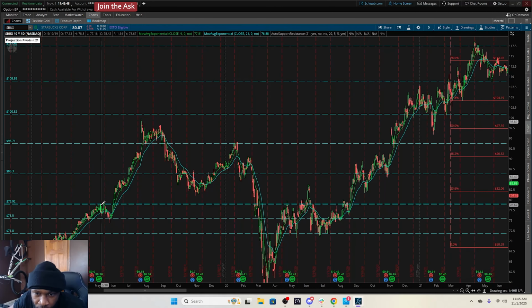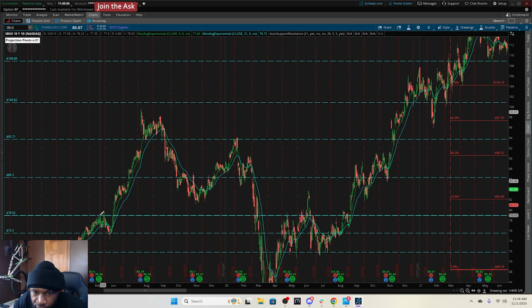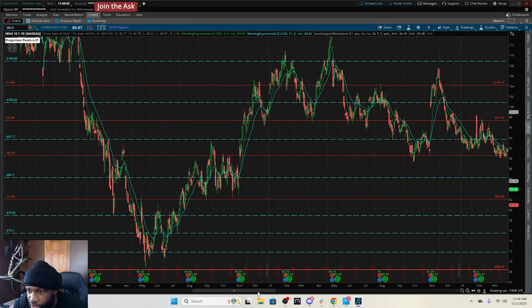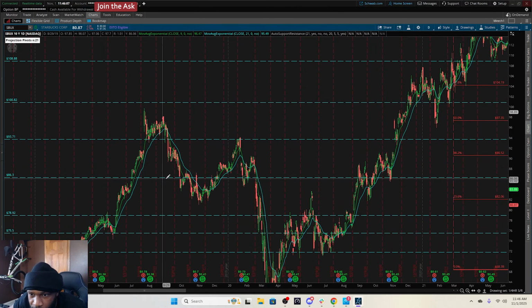Same thing over here. Good rejections at these supports that I made. Let me see, good rejections in this area. This is a resistance I made, I believe. This should be a resistance. Yeah, this was a resistance that I made. Okay, acted as support.